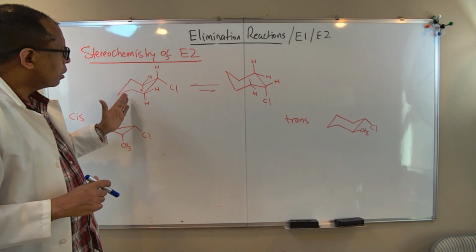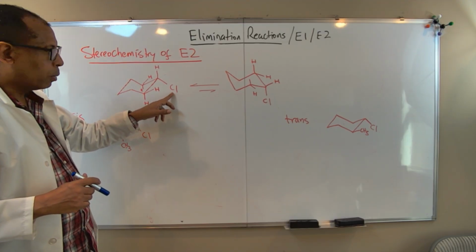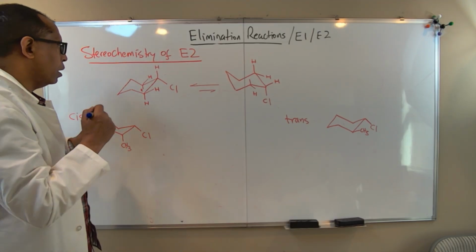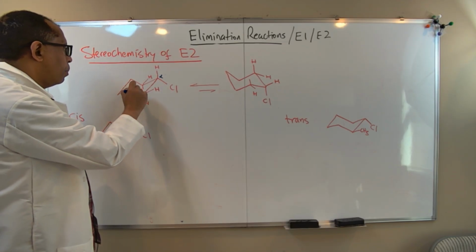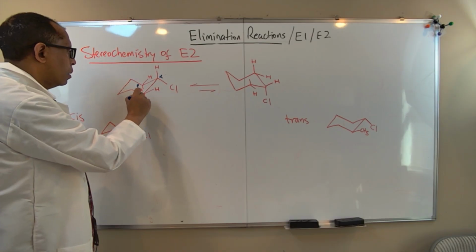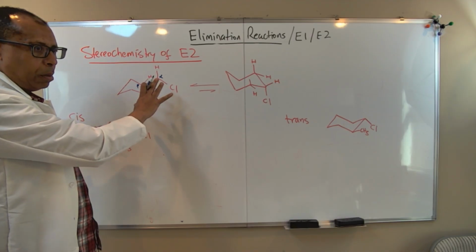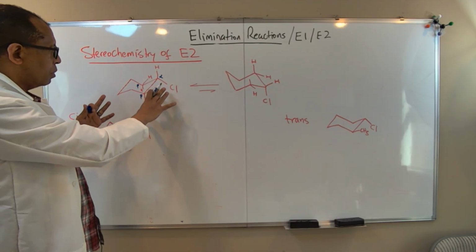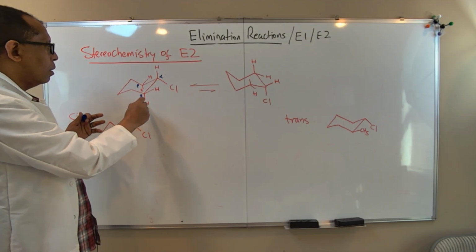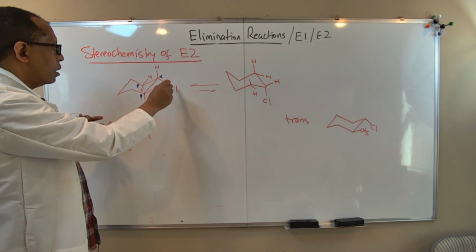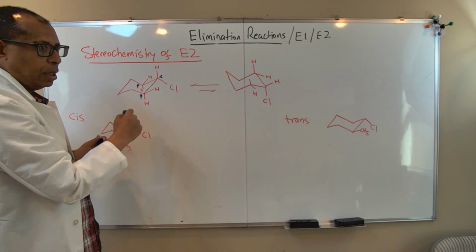In a cyclic system like cyclohexane, for example here, the chlorine on the alpha carbon and the potential beta hydrogens are this. But as you can imagine, there is no periplanar conformation for this, because this and this are not on the same plane, and there is nothing on the same plane for the hydrogens for this elimination to happen.